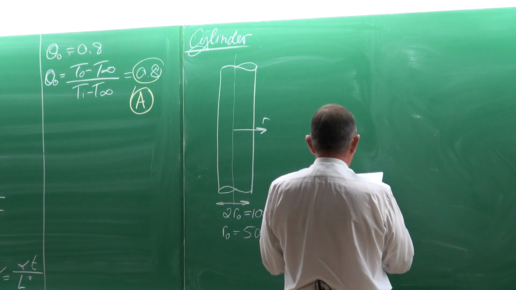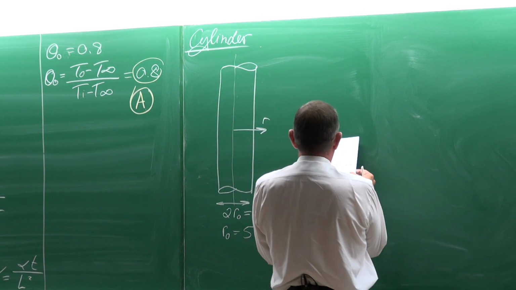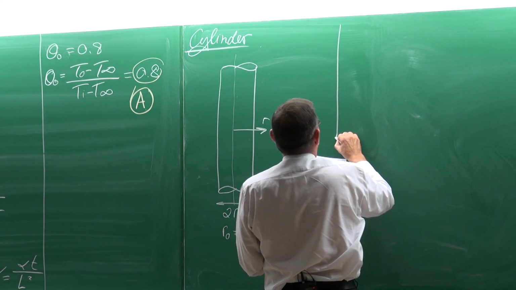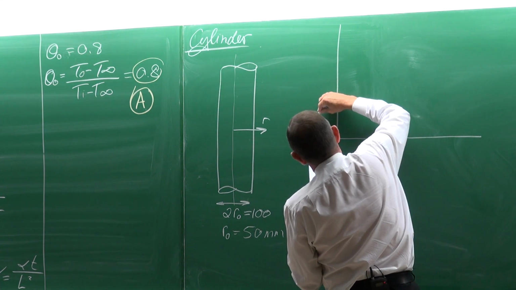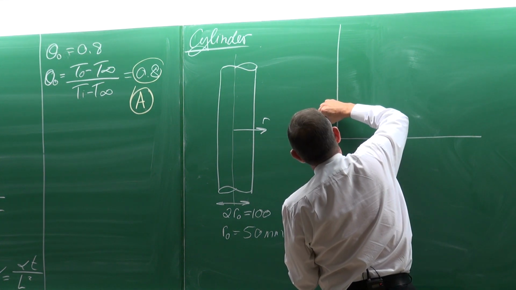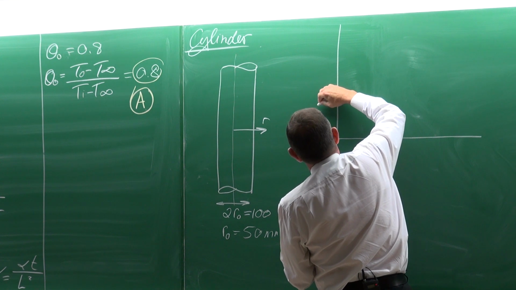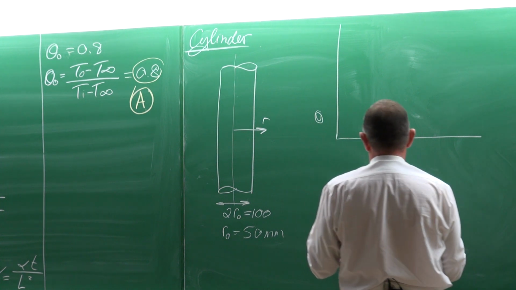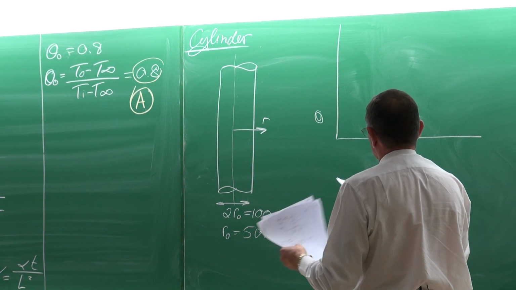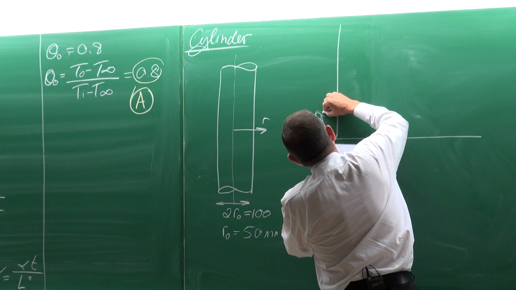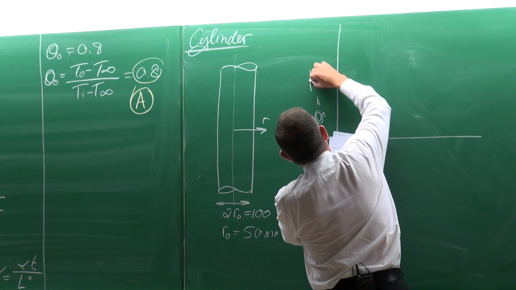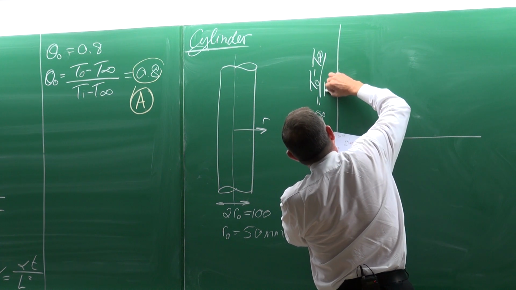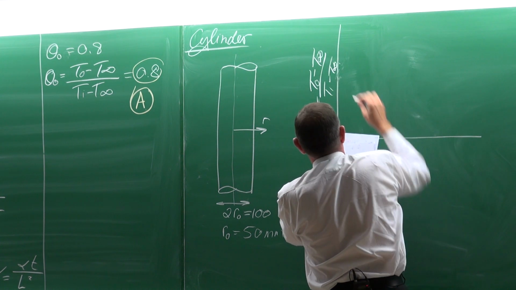Right, now if we go to the Heisler charts again, for the long cylinder, then in principle they are exactly the same. The non-dimensionalized temperature is equal to T0 minus T infinity divided by Ti minus T infinity.